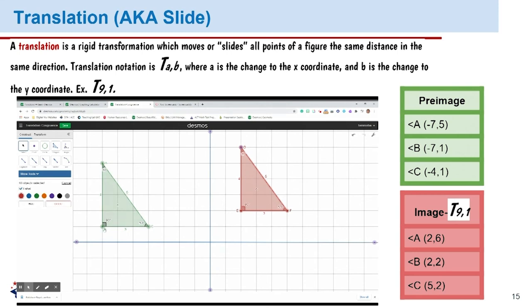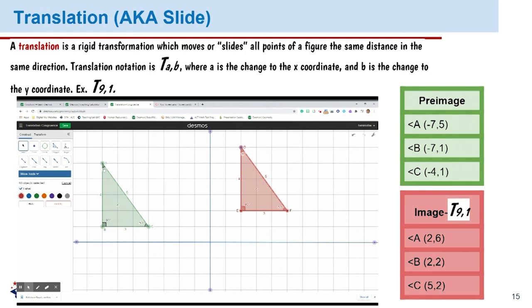As you can see, angle B is congruent to angle E. Angle C is congruent to angle F, and angle A is congruent to angle D. Line segment AC and line segment DF are congruent. Line segment AB and line segment DE are congruent, and line segment BC and line segment EF are congruent.